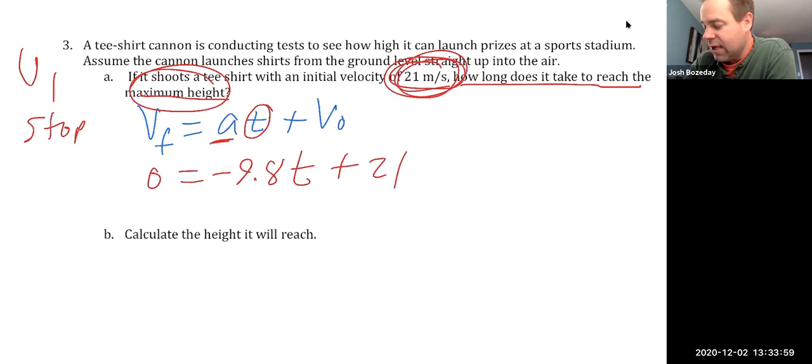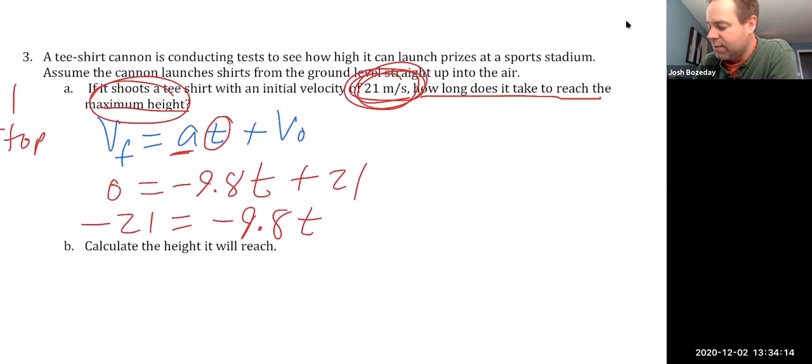The next step is to subtract the 21 to the other side, because you see that it's being added on and you want to do the opposite of that. So it's going to be negative 21 equals negative 9.8 times t. Then we're going to divide both sides by negative 9.8. So negative 21 divided by negative 9.8 equals t.